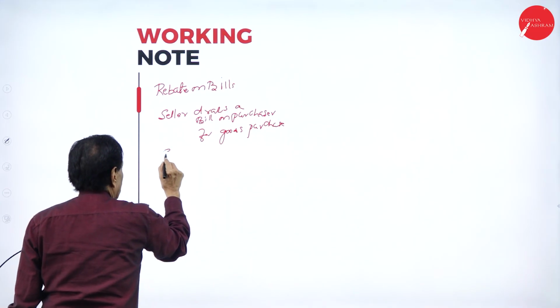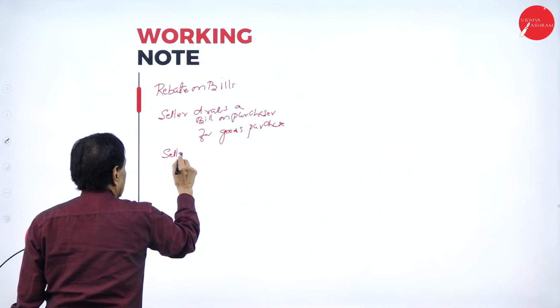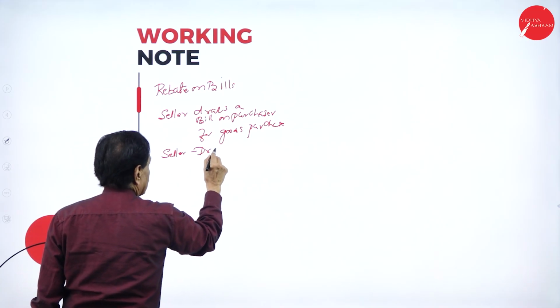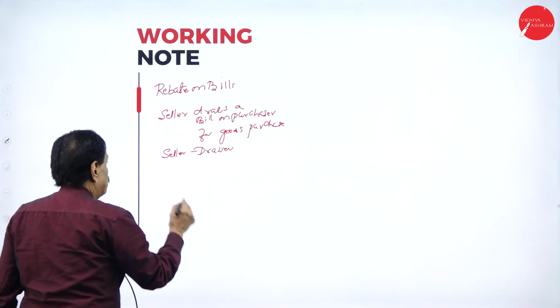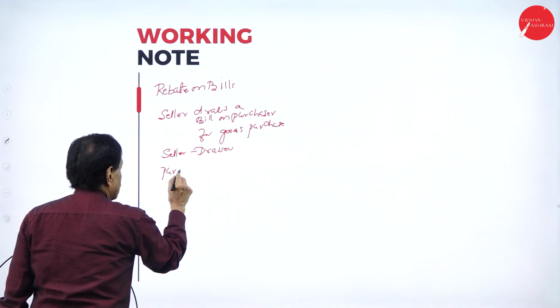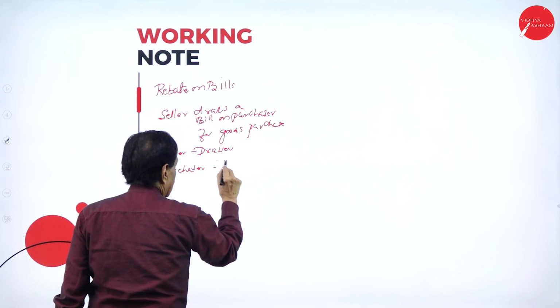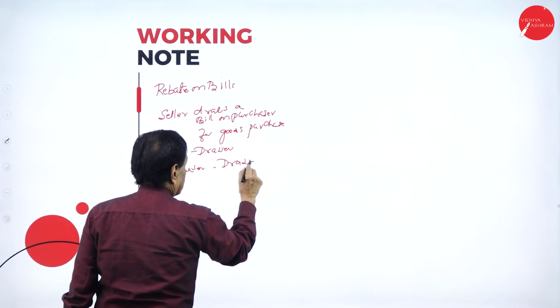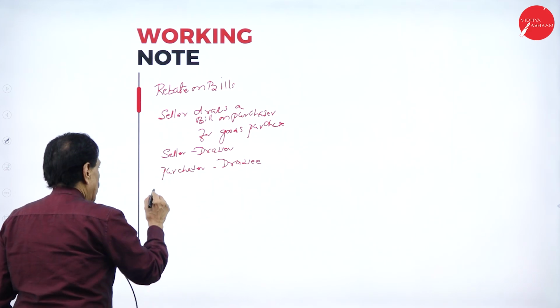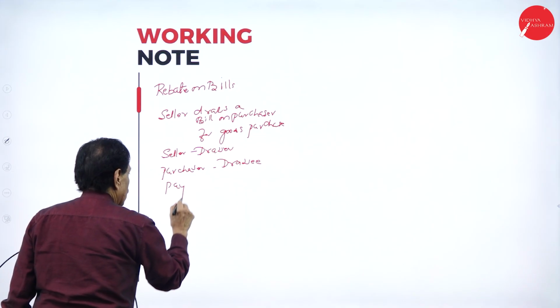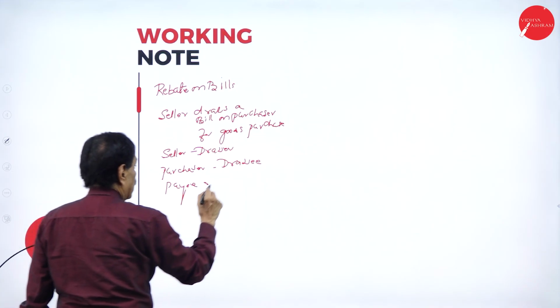So the seller is called the drawer, the purchaser is the drawee, acceptor, and the payee is the receiver of the money.